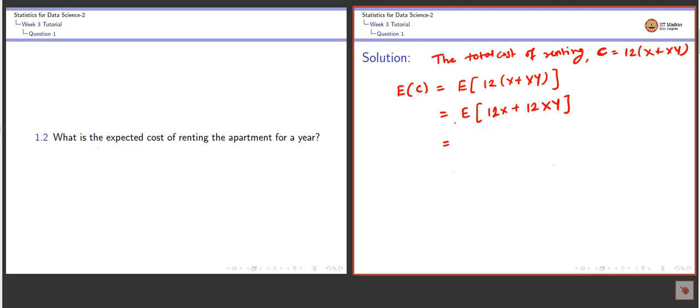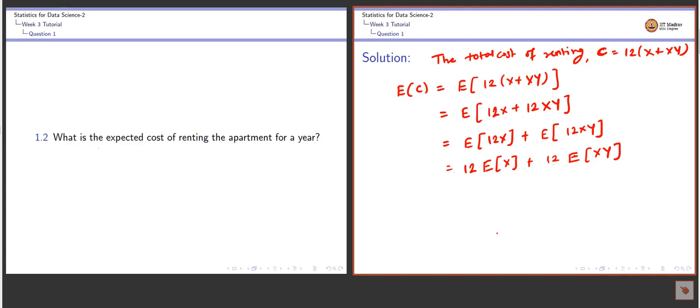Now, using the properties of expectation, we can write it as the expectation of 12x plus the expectation of 12xy. Taking the constants out, we can write it as 12 times expectation of x plus 12 times expectation of xy.